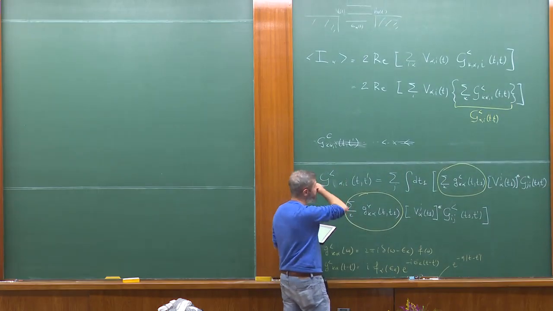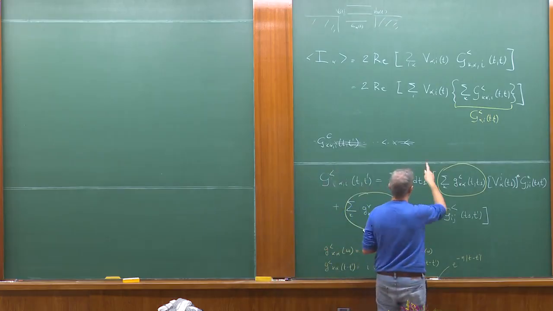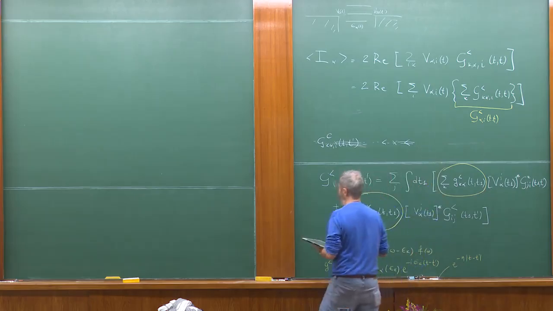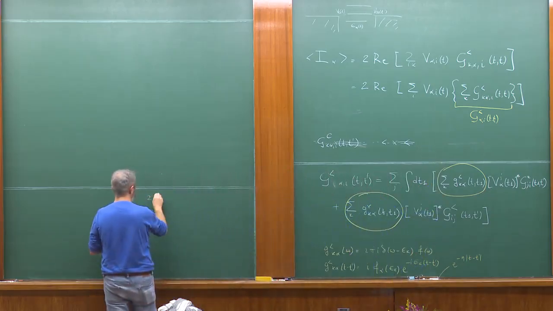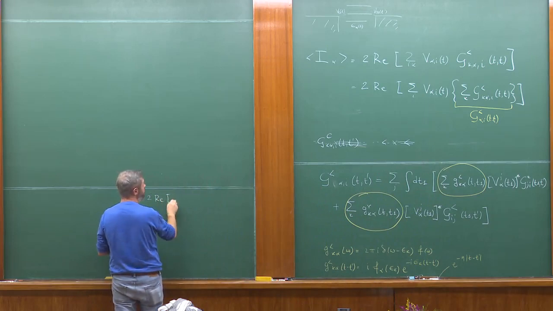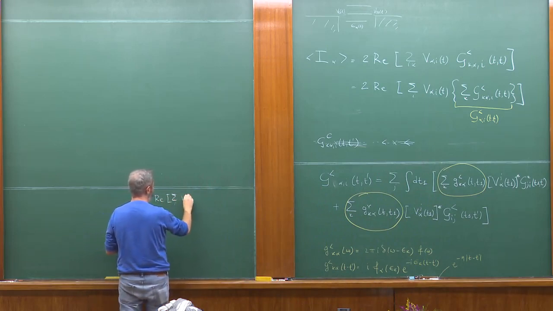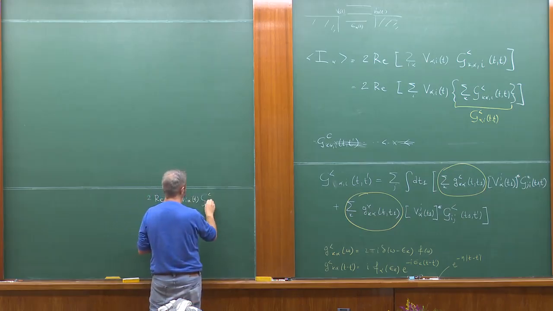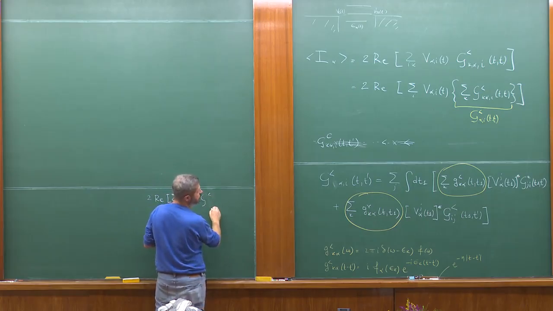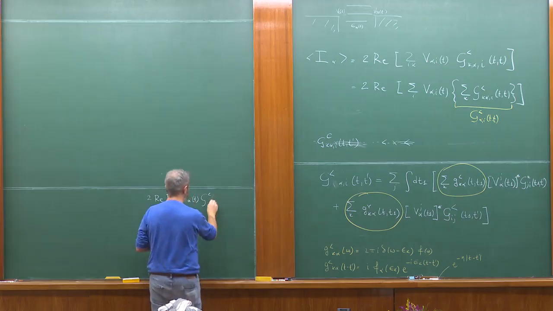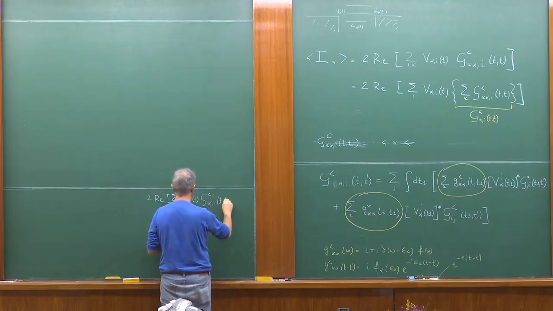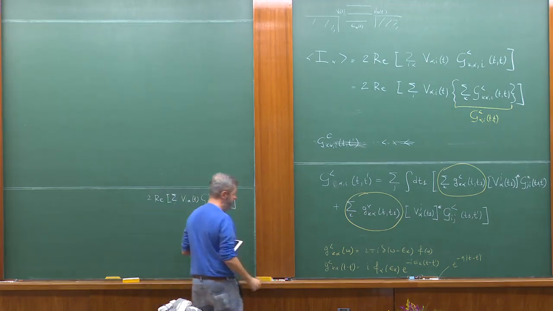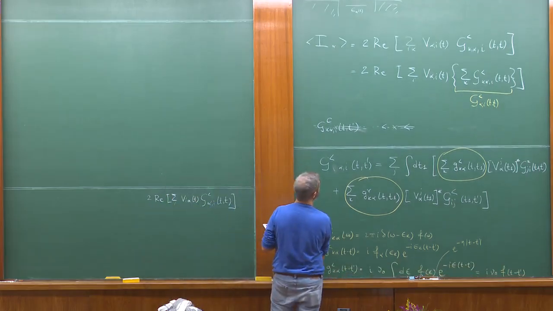This one. There is a 2 real part sum over I. So let me rewrite it here so that I can go down. 2 real part sum over I vi alpha t, and then g lesser alpha I t t.